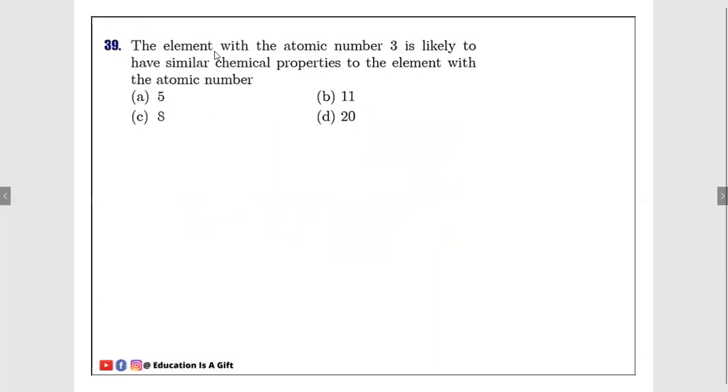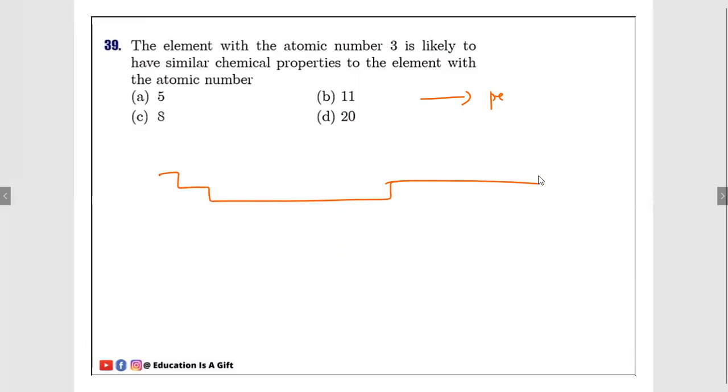39. The element with the atomic number 3 is likely to have similar chemical property to the element of atomic number. Same as I told you earlier, you have to compare with the periodic classification of elements chapter.